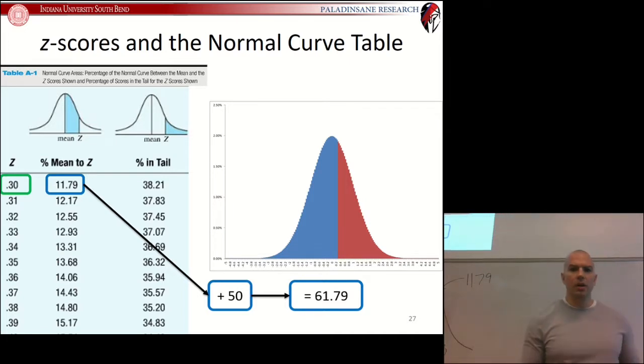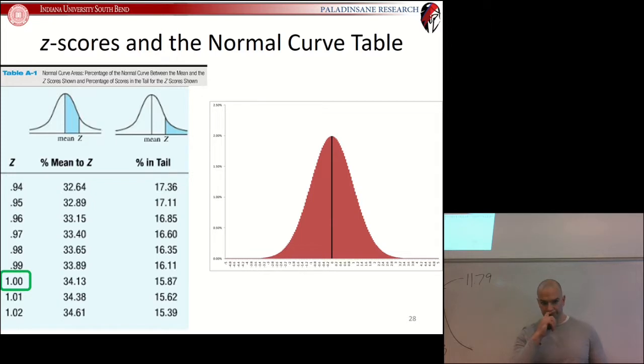All right, so this is basically the three standard questions that you can be asked. So again, if you have a z-score of 1, what proportion of the population is above a z-score of 1? It's that little area right there. Make sure you draw your distribution. It'll take a lot of the mental gymnastics off your mind.